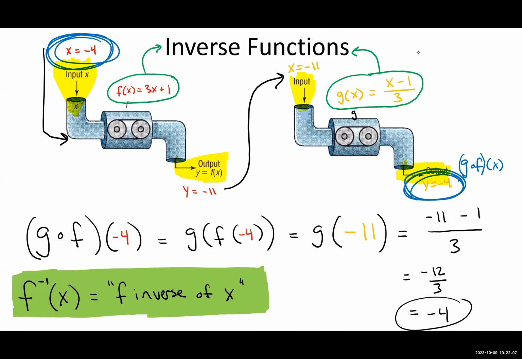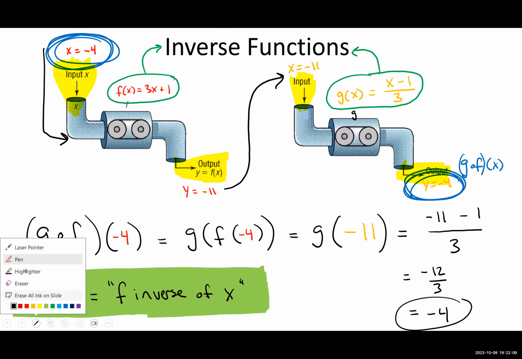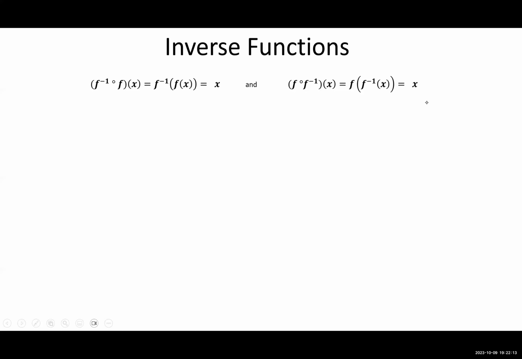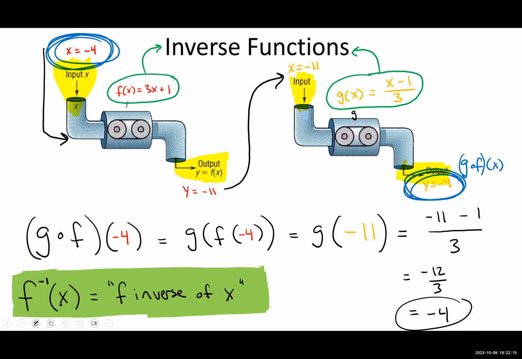Sorry about that, something was wonky with my pen there for a second. The g of x function, now we can call this the inverse of the f function. So we would say f inverse of x is equal to x minus 1 over 3.